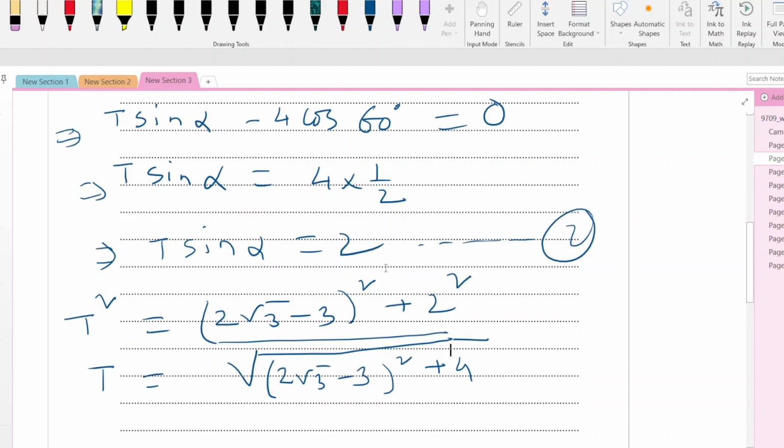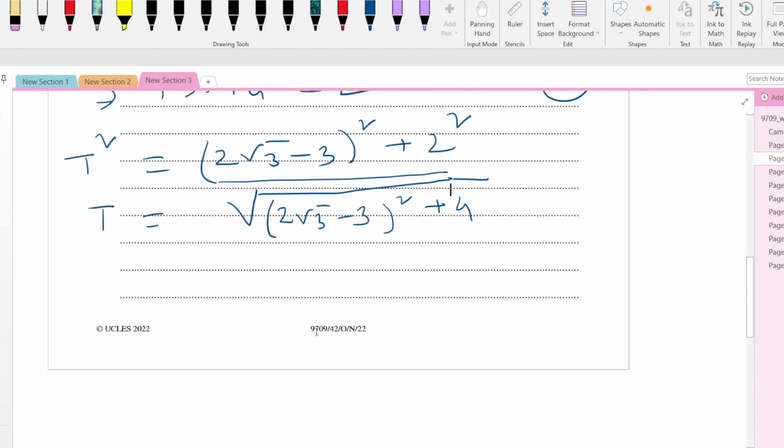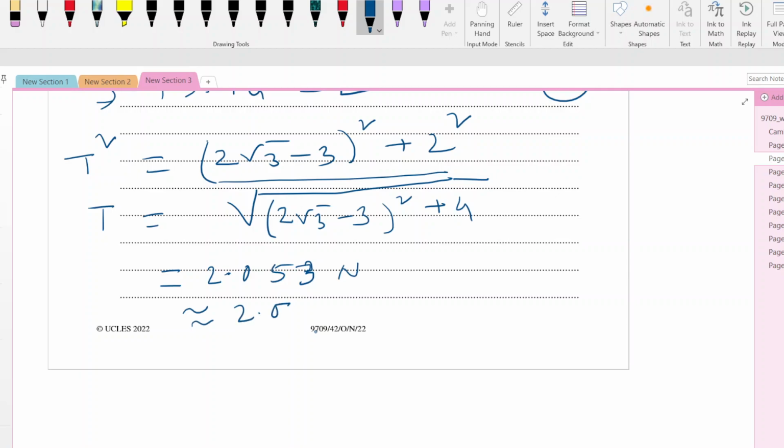Using a calculator, this value is 2.053 Newtons, about 2.05. This is done.